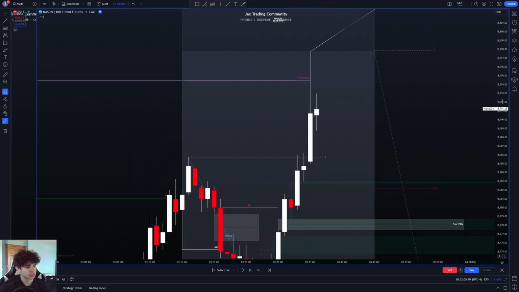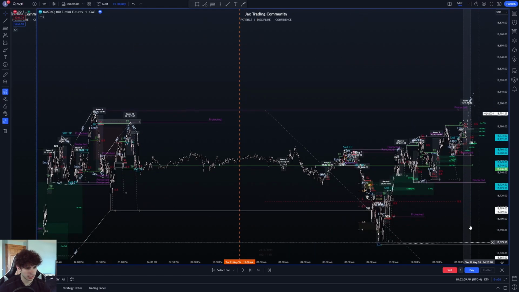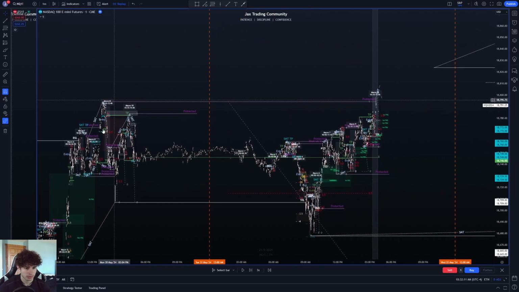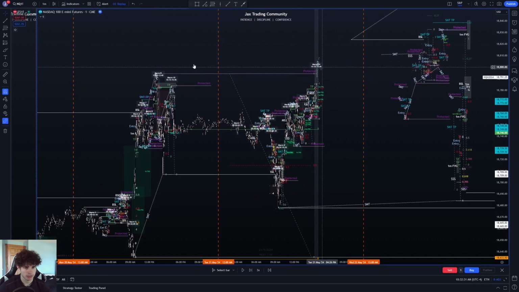Now that we took out this protected high, this means that this entire model, this entire move, since this is the high way back here, every action that you see in here is considered to be a fractal on its own. It's considered to be a complete model, right? So you have this massive model where you can see right here, we form this high, we retrace to discount to then go higher to take out this high.